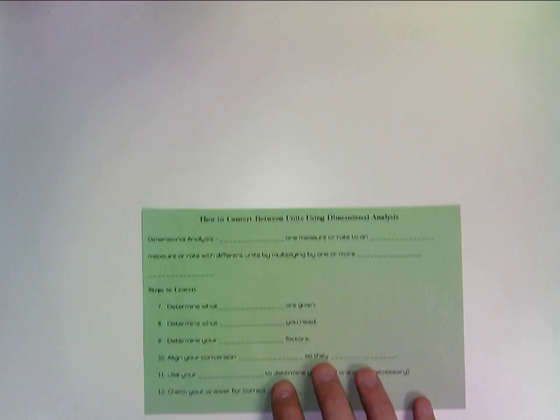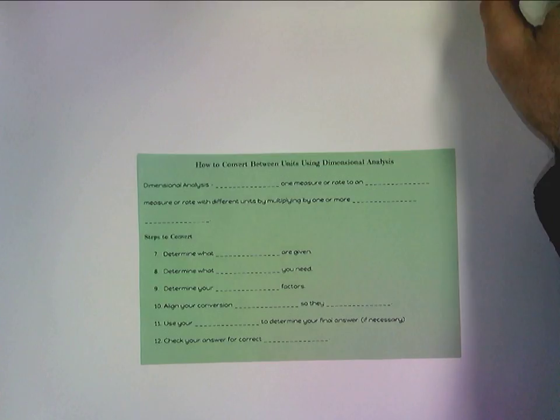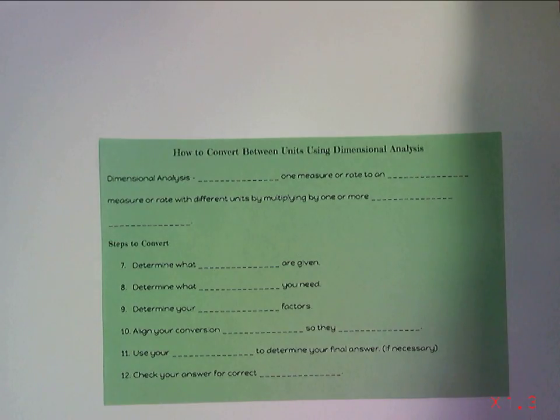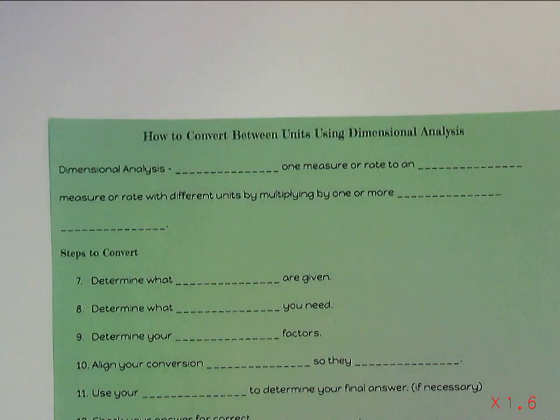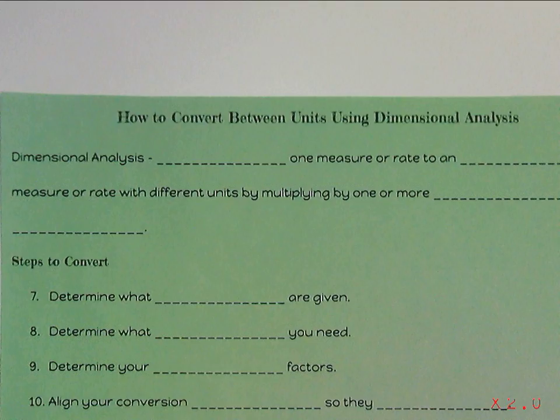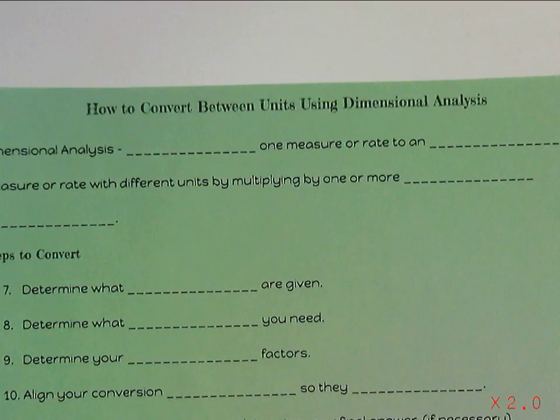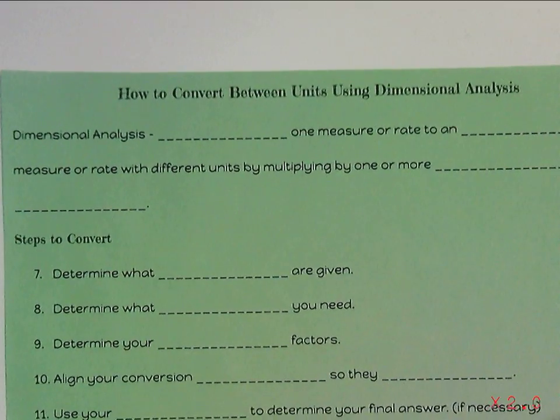Next, what you'll need to take out is your how to convert between units using dimensional analysis. And this will give us our steps to tell us how to convert between different units, and specifically by using dimensional analysis. So you might be thinking, what is dimensional analysis?